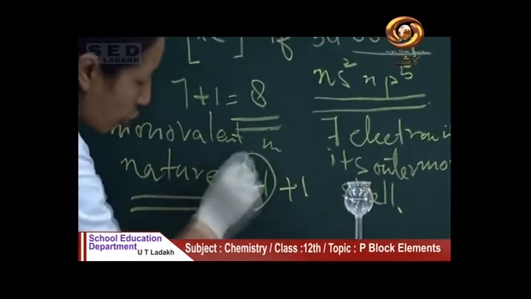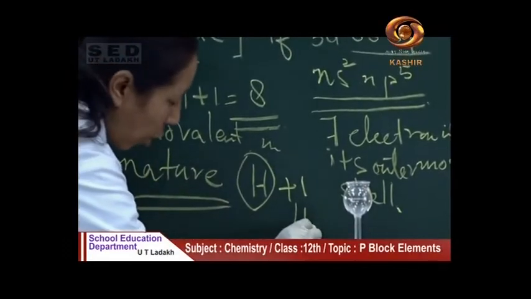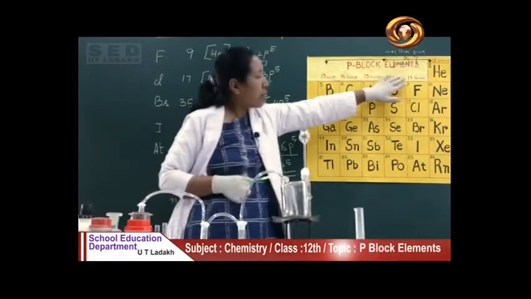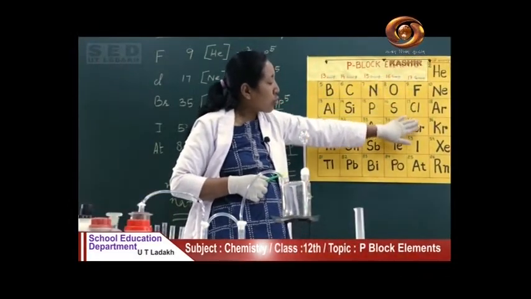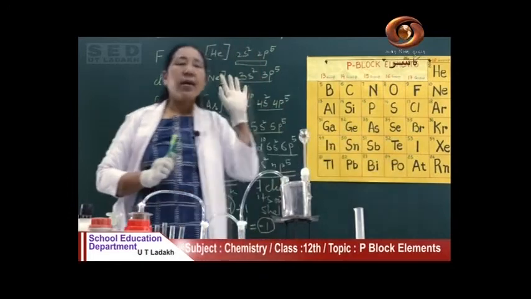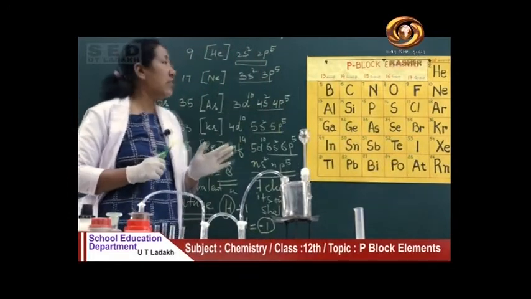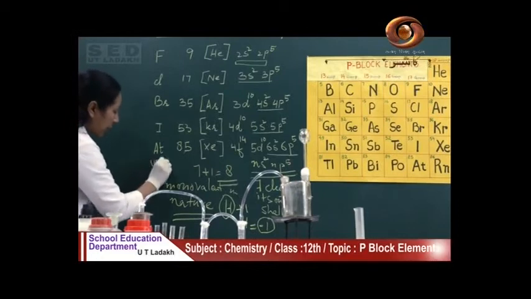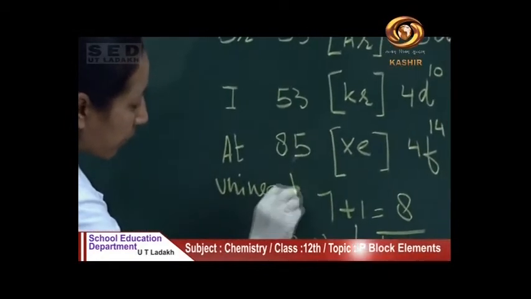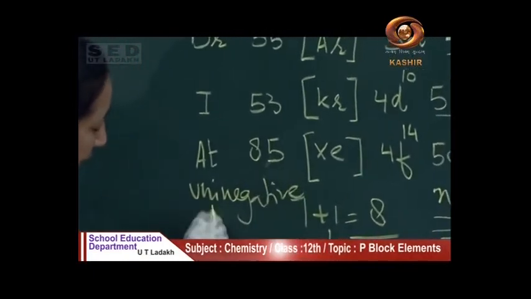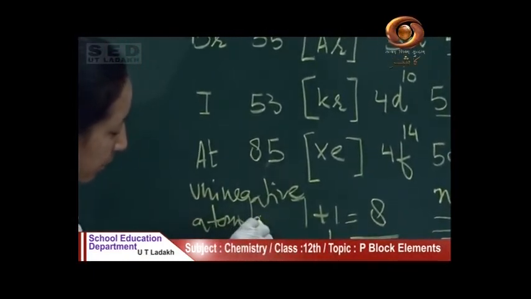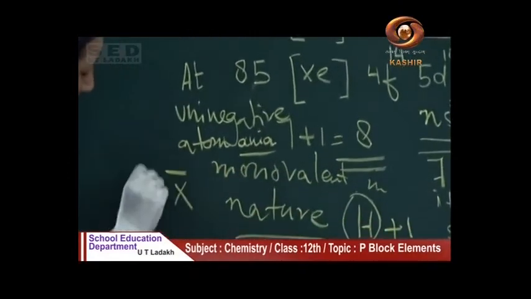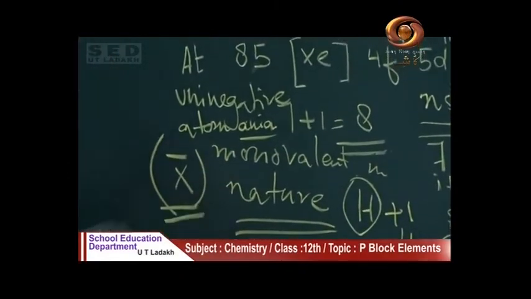Sometimes hydrogen shows -1 oxidation state, that is hydride. As well, the halogen family also shows halides, which means they are uni-negative anions. X negative represents halides.